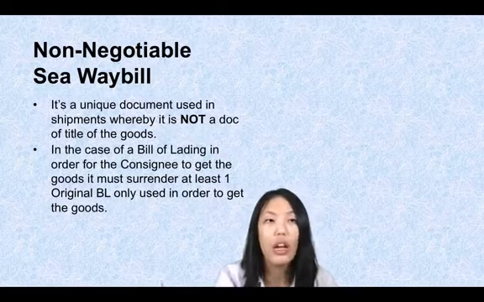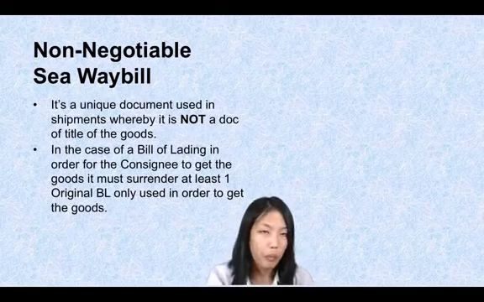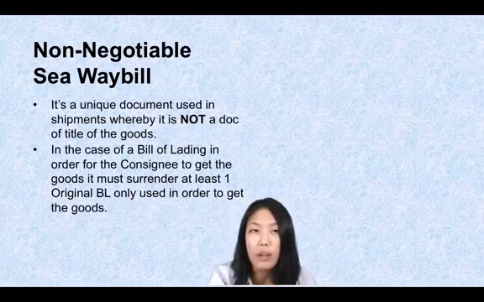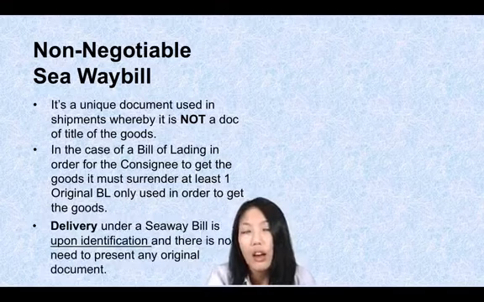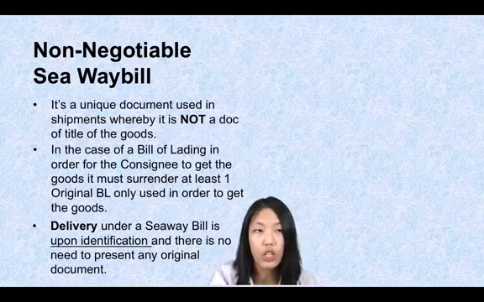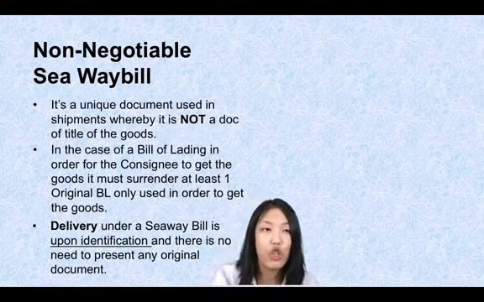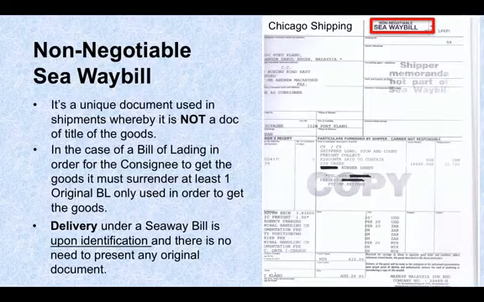Whereas a seaway bill is not a document of title to the goods. Delivery under a seaway bill is upon identification, and there is no need to present any original document. As you can see on the right hand side, this is a sample of a non-negotiable seaway bill, and you can download this sample in the link below.